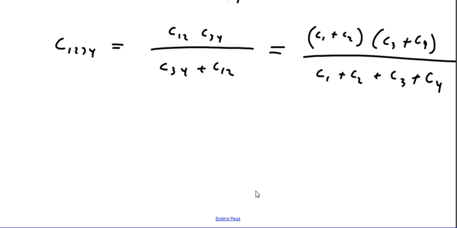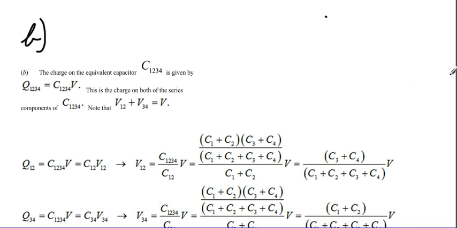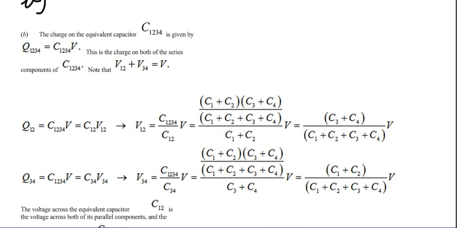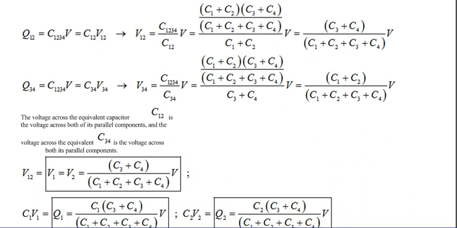Okay, so now we're looking at part B, and we're going to go and do something weird. Oh, there's part B. Oh yes. So now we can see that we take the total charge and the total capacitance. We then break that up and we continue.